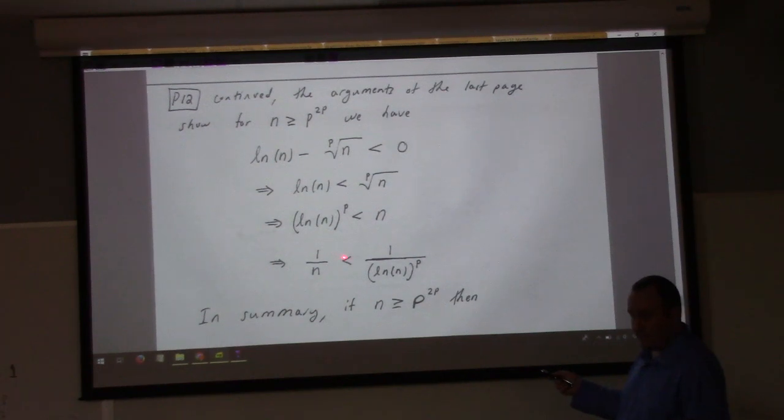This is where f of x came from: the desire to show this inequality is true. It became a quest for showing that the log of x to the p minus x is negative, but it's easier to look at this being negative and looking at the function that defines that to show it's negative. There's probably some easier way of doing this, but anyway, once you have that, then we can do direct comparison to the harmonic series to see that that diverges.